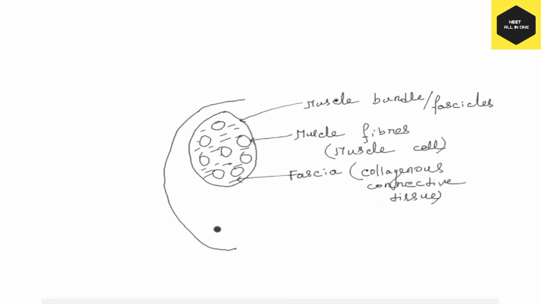Now there are some similarities and also differences between the naming of a muscle cell and a normal cell. In a normal cell, let me clear the field. Normal cell, things are the same but the naming is different. Muscle cell.